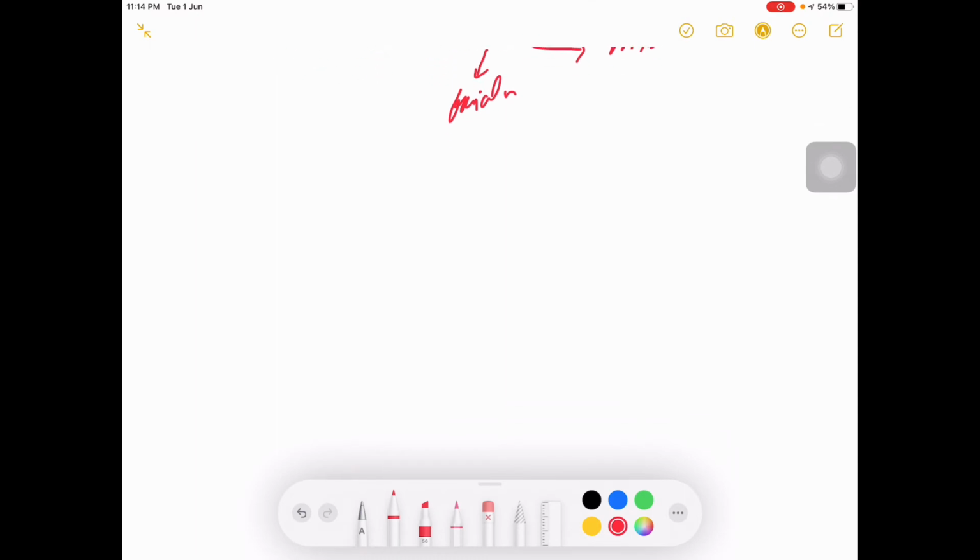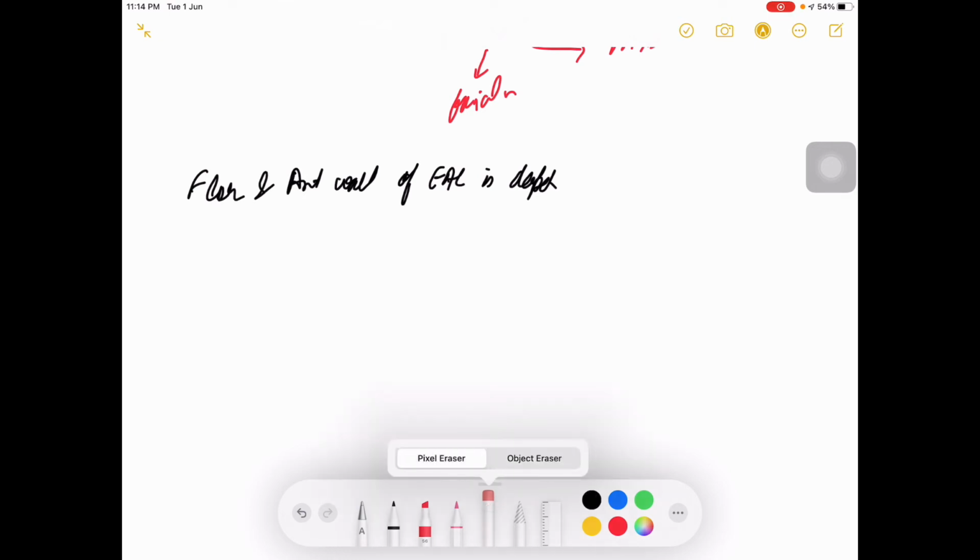Now coming on to the external auditory canal. You need to know that the anterior wall of the external auditory canal is deeper. Also, you can say that the floor and anterior wall are deep because the tympanic membrane is attached at an angle.